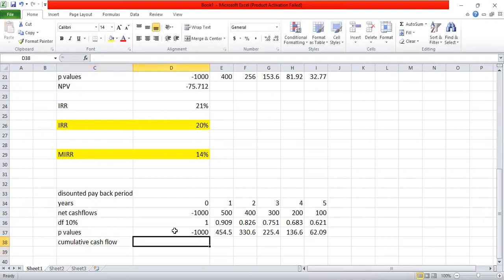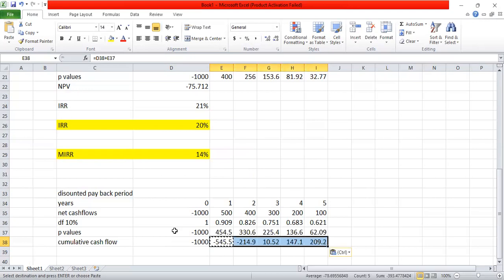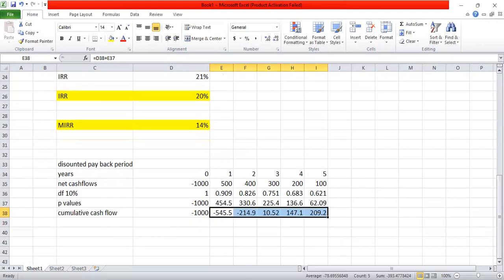The cumulative cash flow will be as it is in the next. This plus this. So just apply this. Now copy and paste in the next cells. Now see guys, what is going to happen? This discounted payback period is in between the second and the third year.